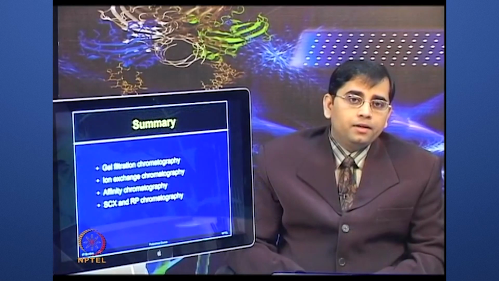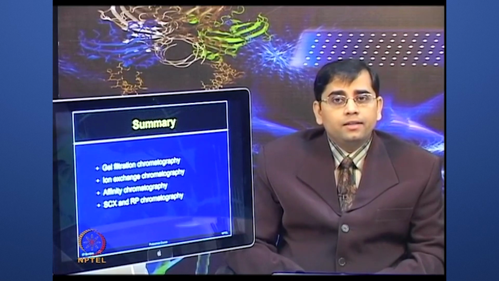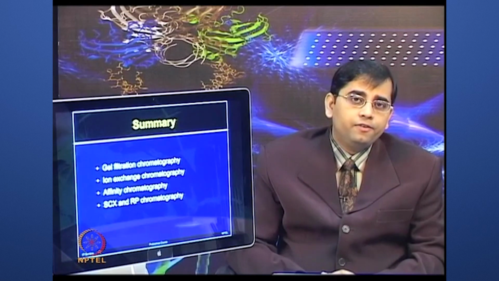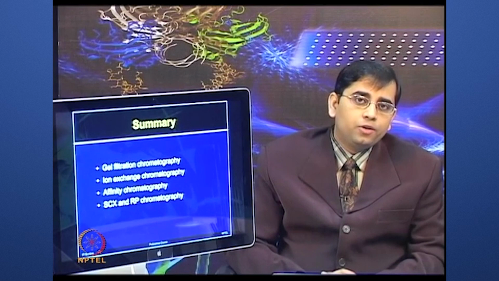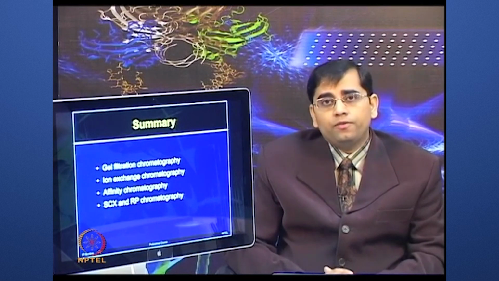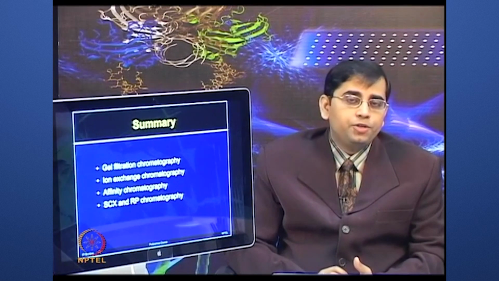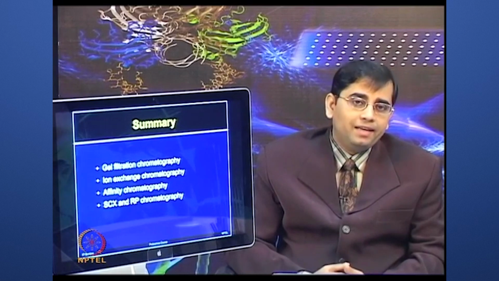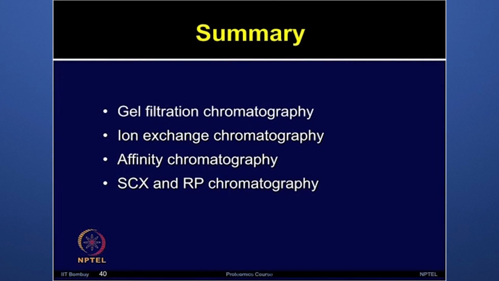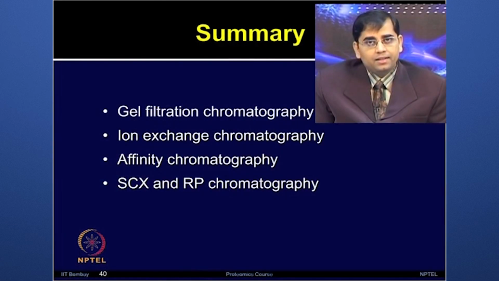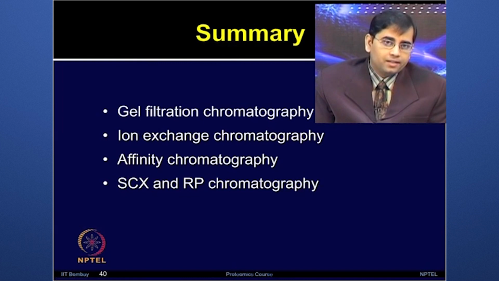So, in summary, in the last few years there has been an increased effort to develop technologies which are capable of analyzing protein expression at the proteome scale. Some of the chromatographic methods such as gel filtration, ion exchange and affinity chromatography were discussed.